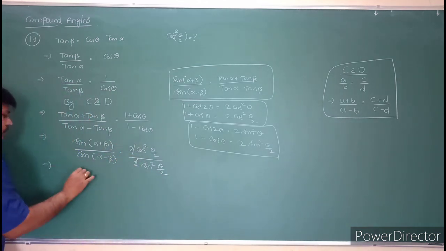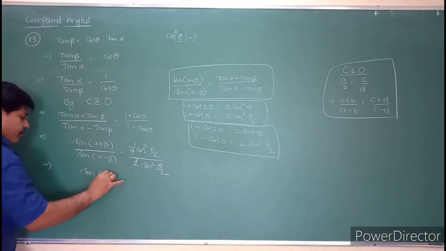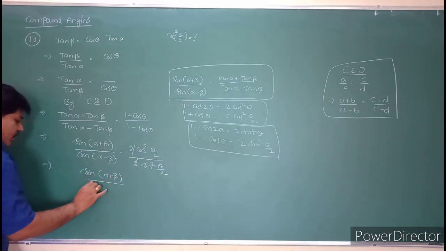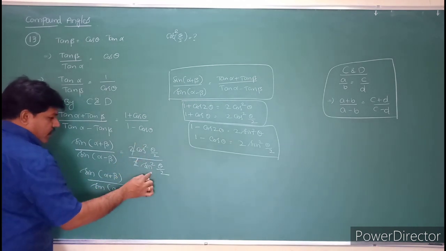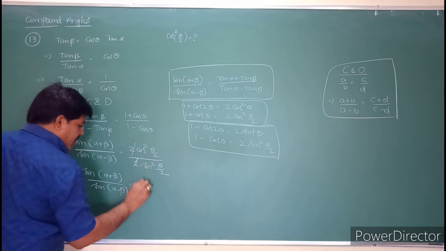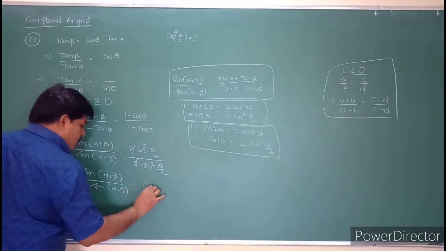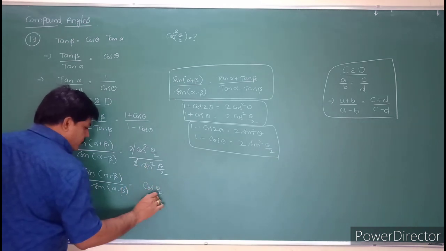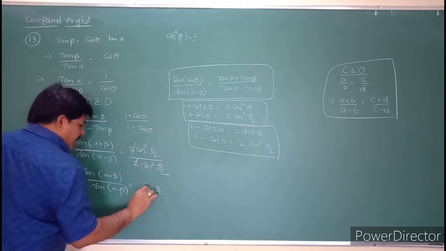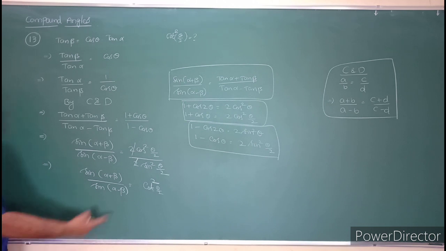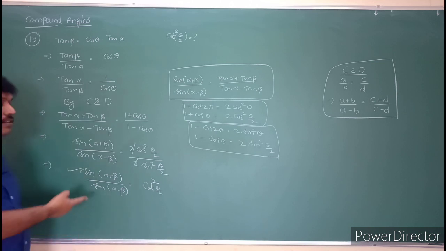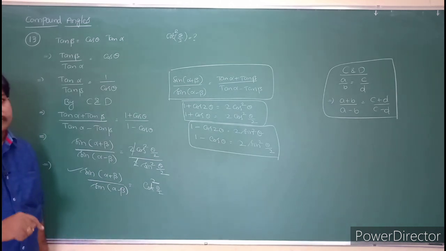That implies sin of (alpha plus beta) by sin of (alpha minus beta) is cos square by sin square, which can be written as cos by sin, that is cos theta by 2 over sin theta by 2, so that is nothing but cot square theta by 2. The question is asking for the cot square theta by 2 value. So what is the answer, students? Sin of (alpha plus beta) by sin of (alpha minus beta).